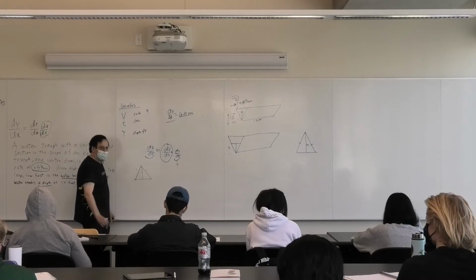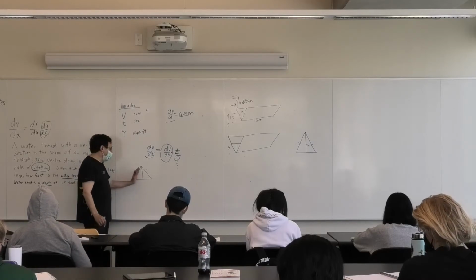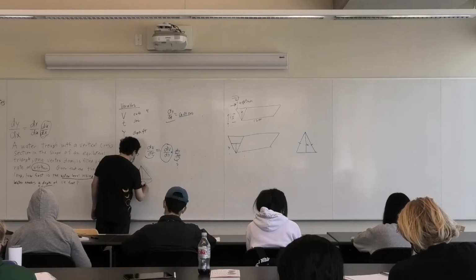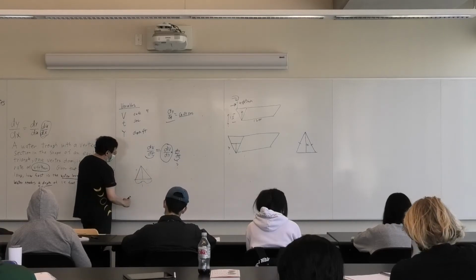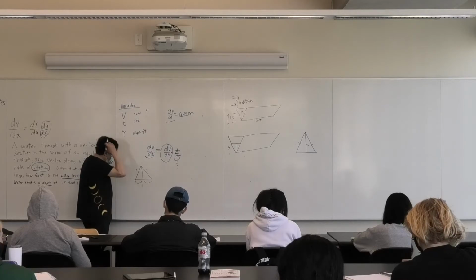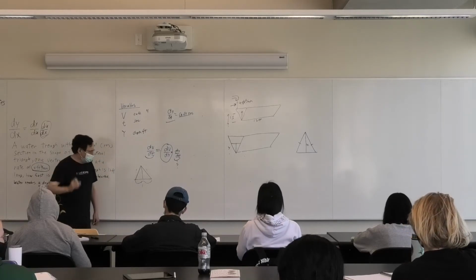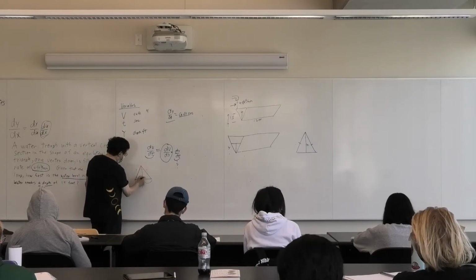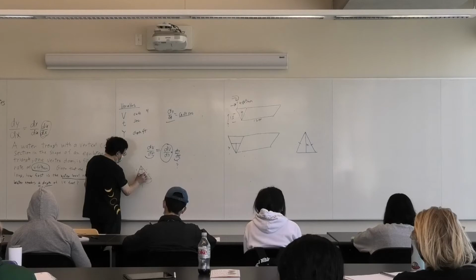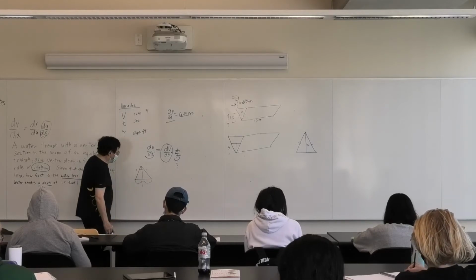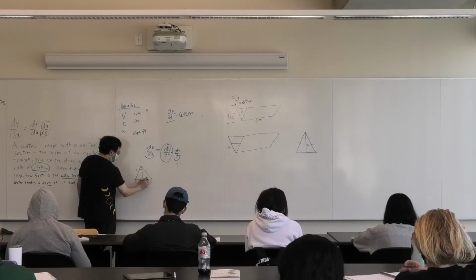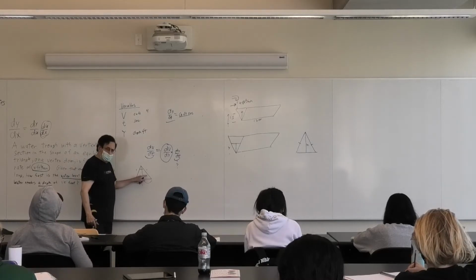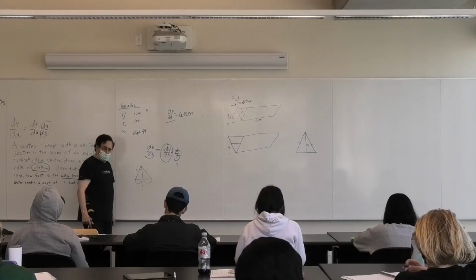So it has a height and a base. Base is 1. I don't know what the height is yet, do I? But I do know this height kind of bisects these triangles, so they're congruent. Means these two are congruent, which tells me I know the length of one of these sides of this smaller triangle.